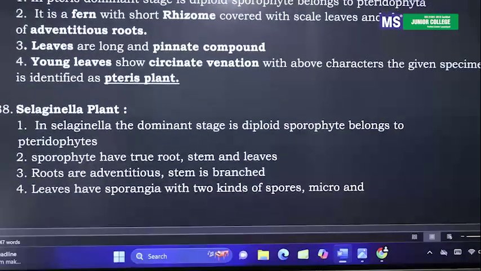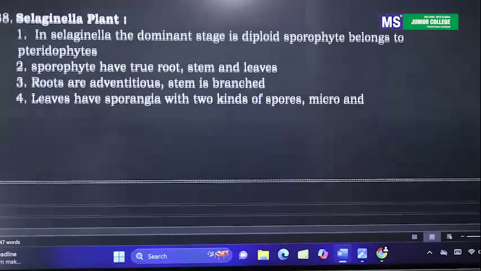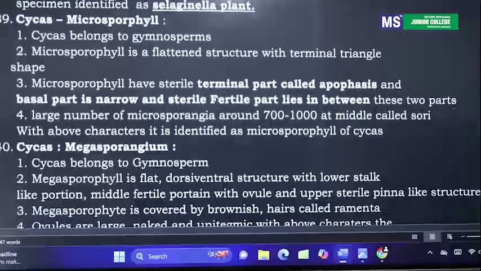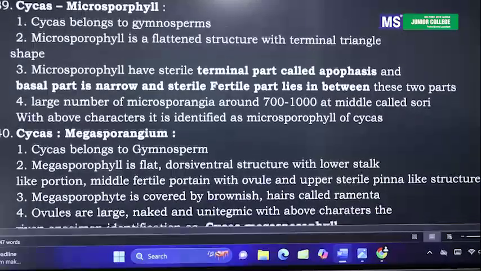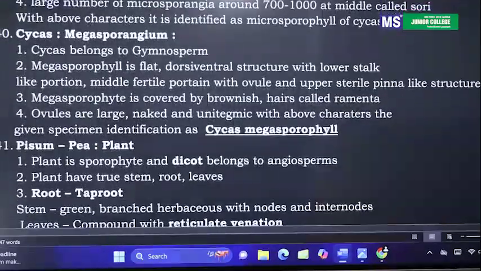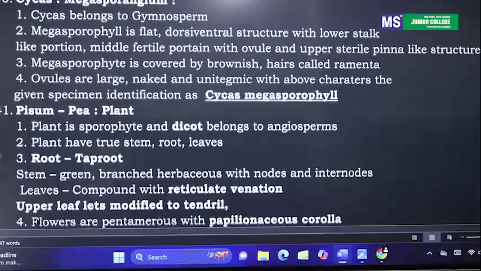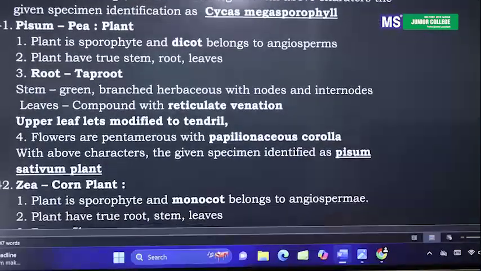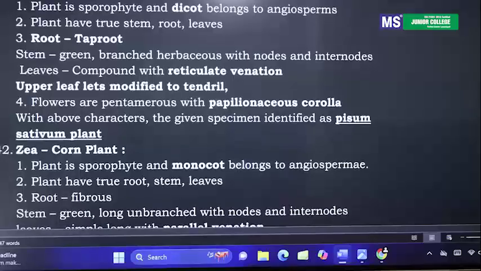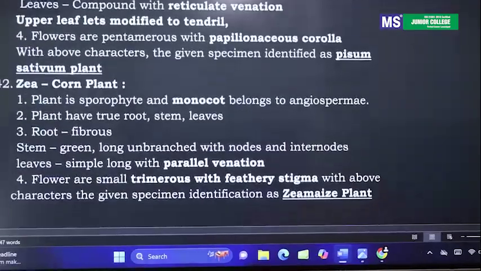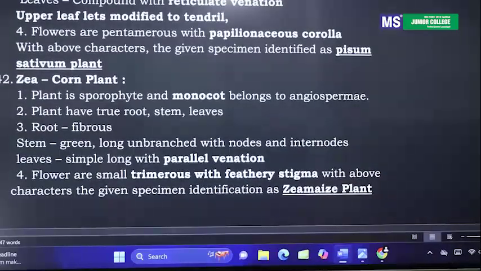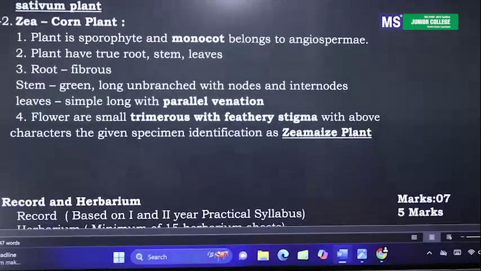Selaginella, a pteridophytic plant. Cycas, microsporophyll. Cycas, megasporangium. Pisum, pea plant. Zea mays, corn plant.